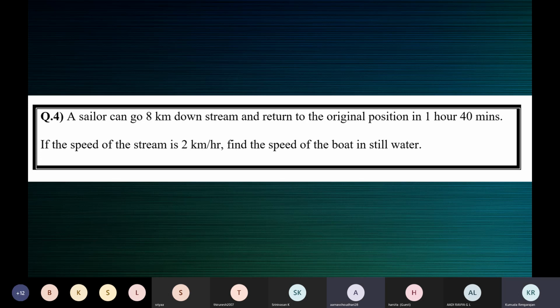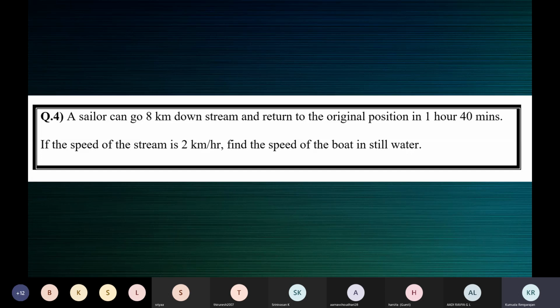So the net speed of the boat is reduced because the boatsman is rowing against the speed of the water. What is the speed of the boat upstream? x minus 2 kilometers per hour.